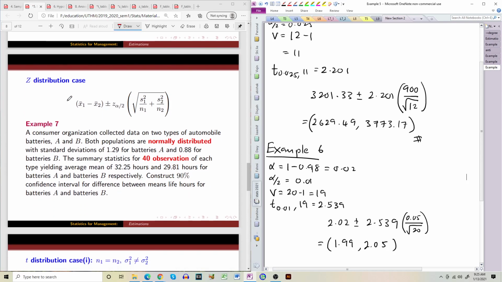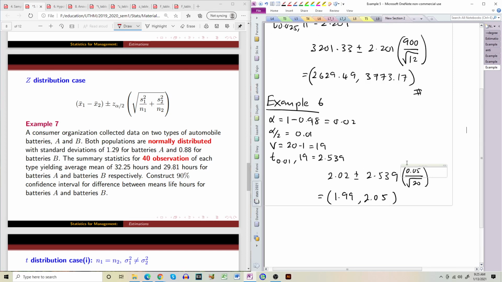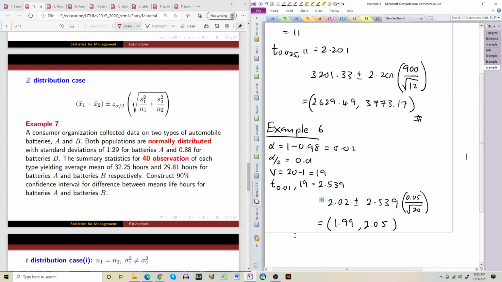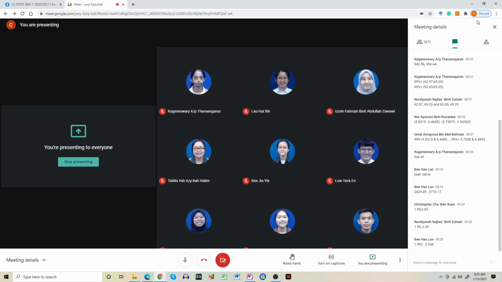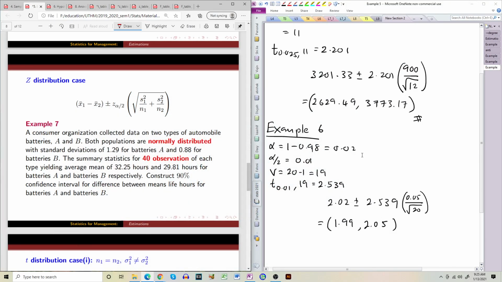Now let us consider this case. It's a Z distribution case. Anybody still doing this? Okay, let me go to the next page.